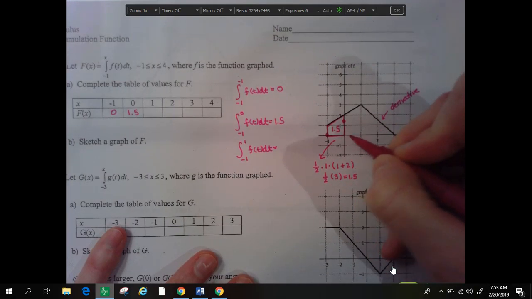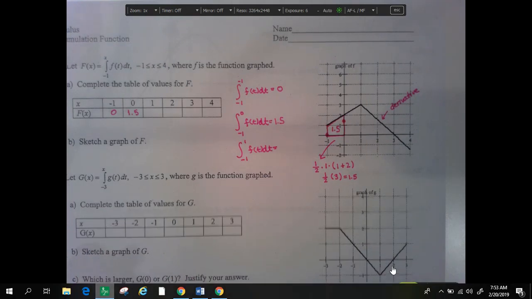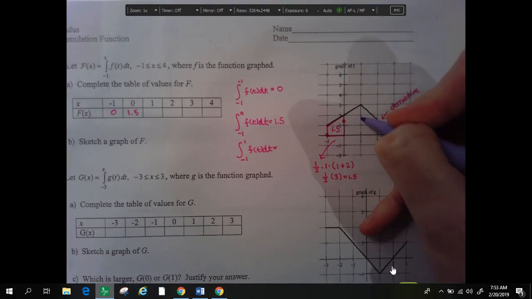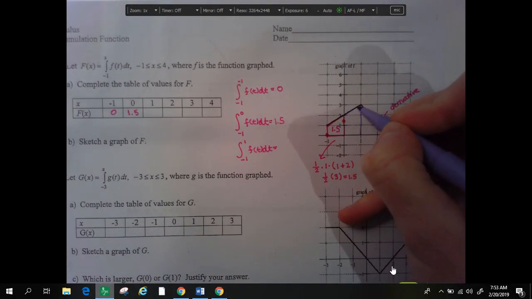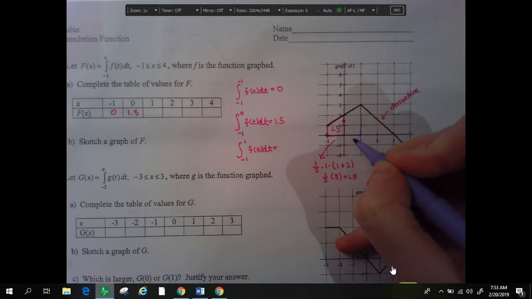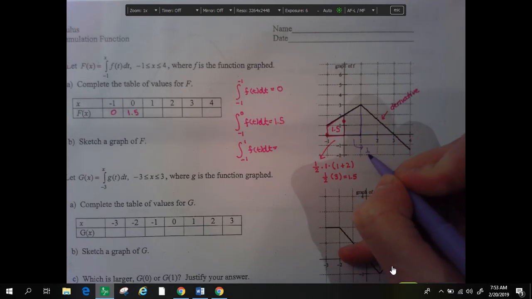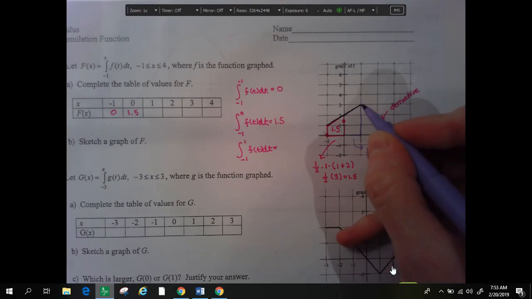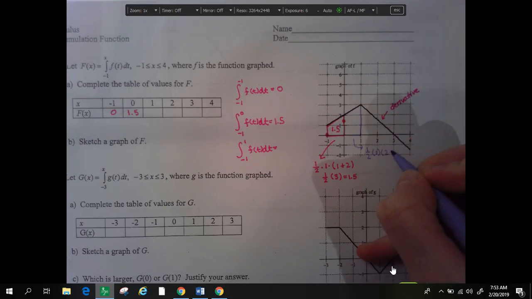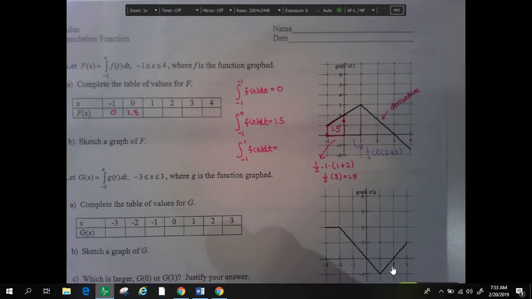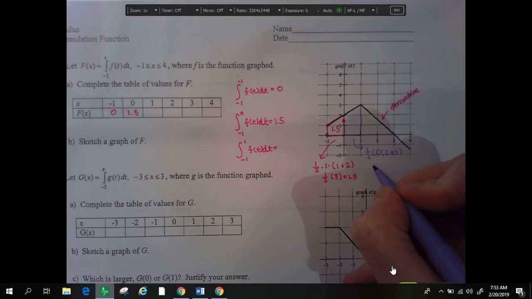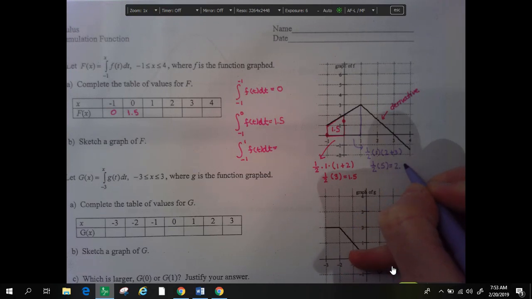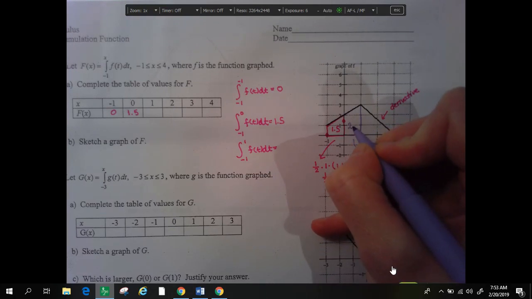So now I'm going to go to this little guy, and I can change colors here. We've got ourselves another trapezoid. So we've got 1/2, the height is 1, we've got 2 and 3. So that gets me 1/2 of 5. So this trapezoid is 2.5.